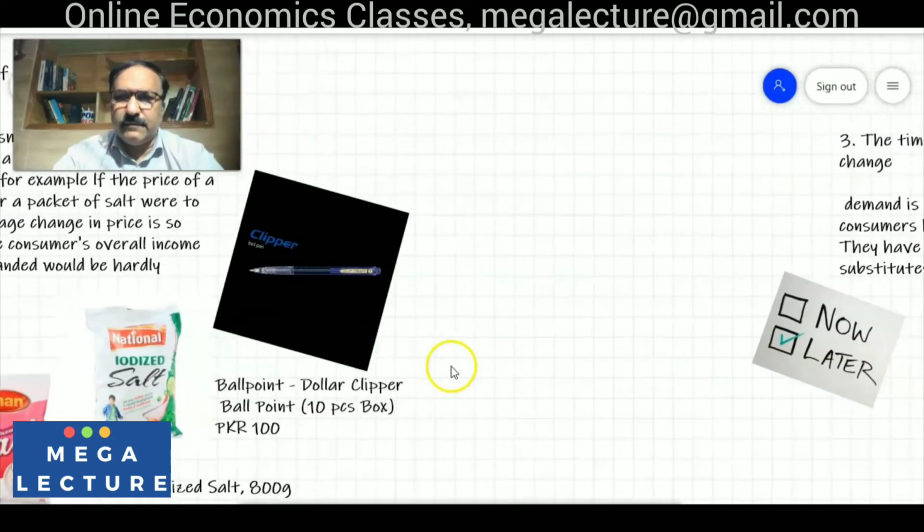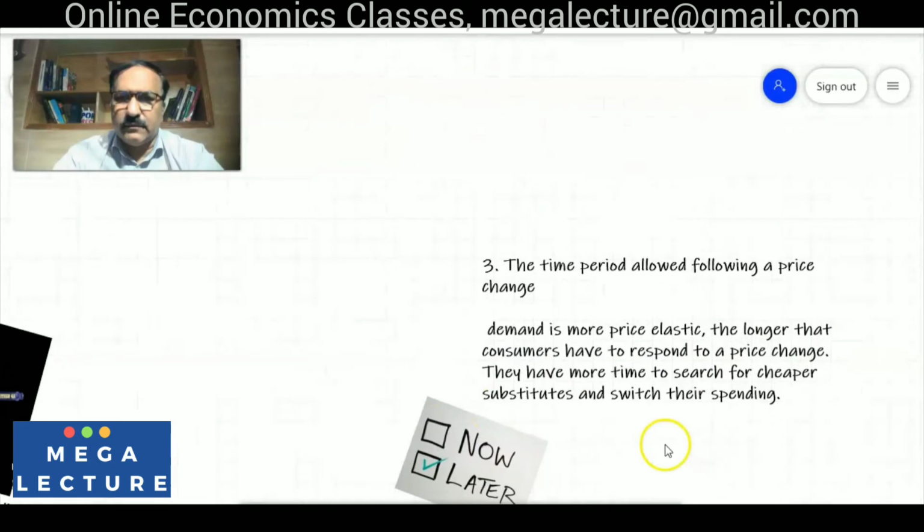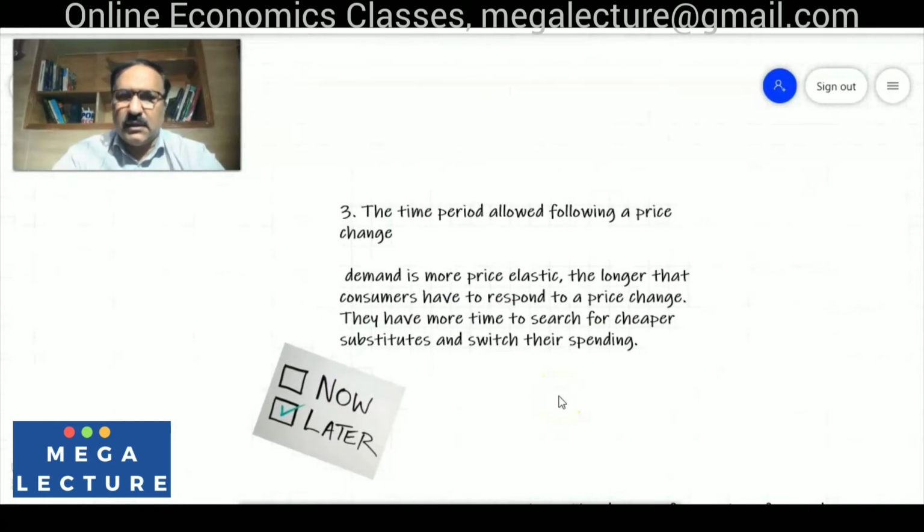The next factor that may influence PED is the time period allowed following a price change, meaning response time. How much response time is with the consumer? When there is a price change, can the consumer postpone the demand for a product?